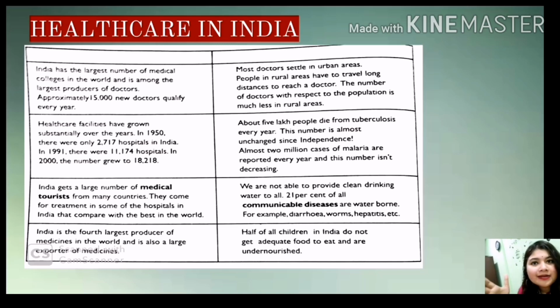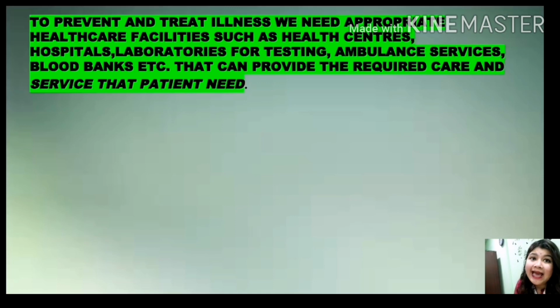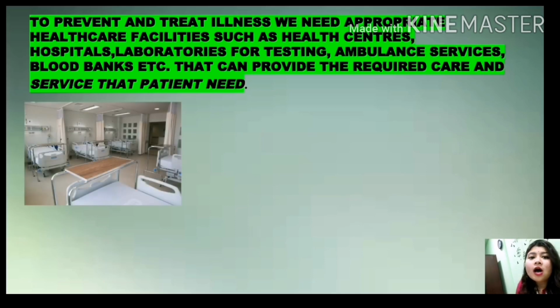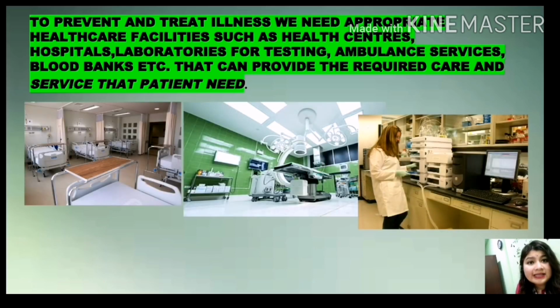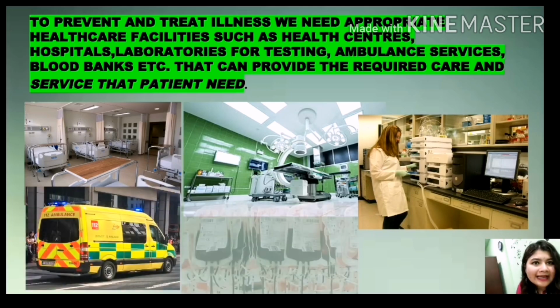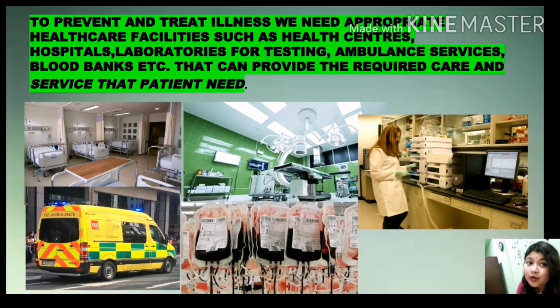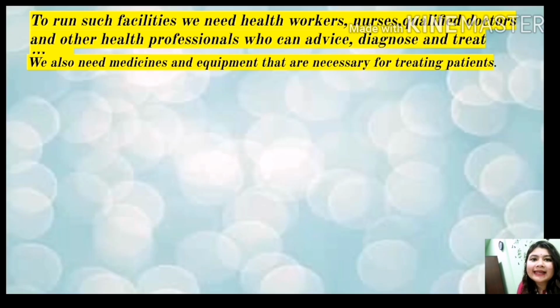getting proper nutritional food. To prevent and treat illness, we need appropriate healthcare facilities like health centers, hospitals, labs for testing, ambulance services, and blood banks that can provide the required care and service that every patient needs.